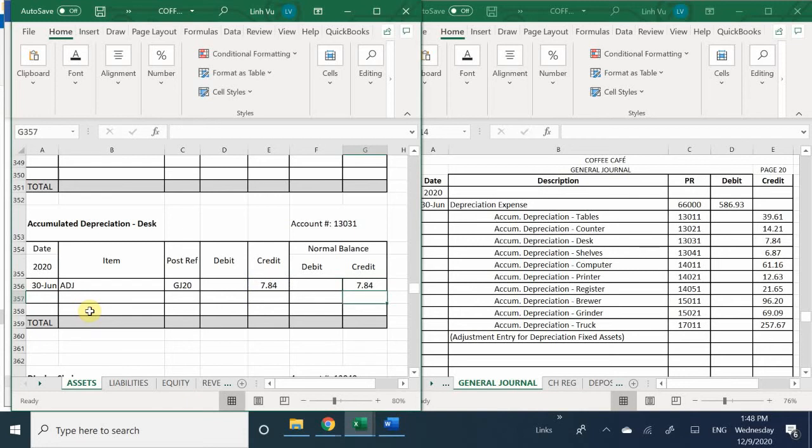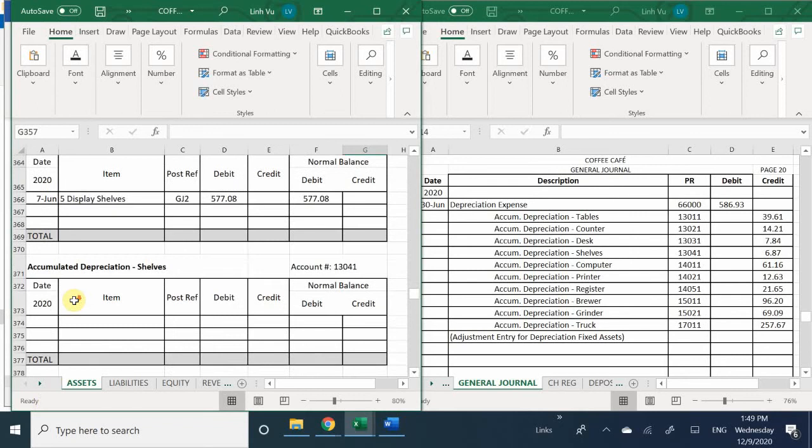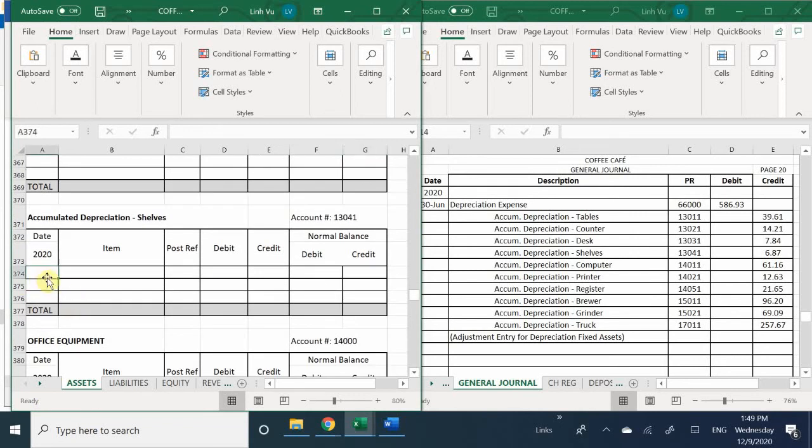Yep. All right, display shelves. 6/30 adjustment.